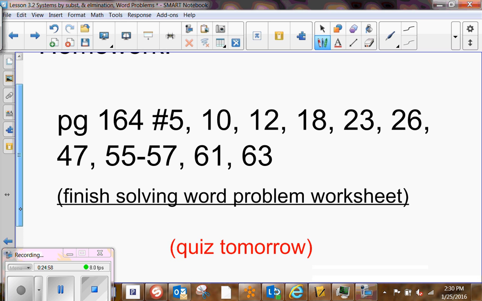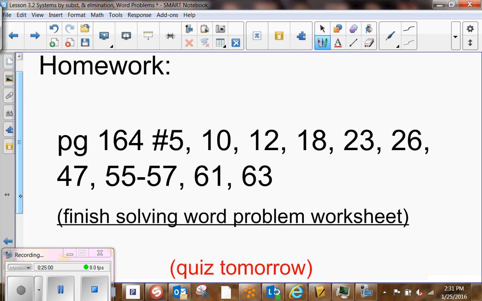And we are having a quiz tomorrow. I'm going to give you one problem and have you answer it by solving it by systems, by graphing, by elimination, and by substitution, and then checking it in both equations to make sure it works. Real short and sweet.